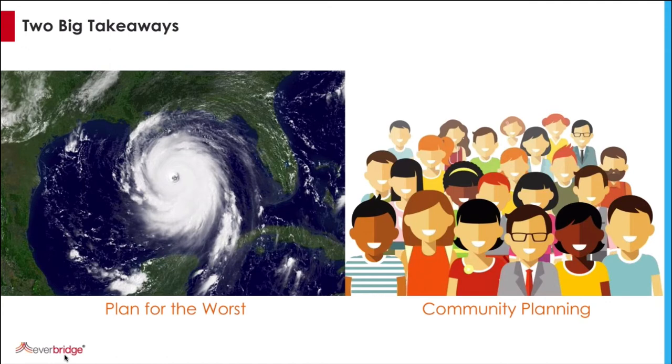Of the many takeaways of the interpretive guidance, there were two big takeaways. One, the continual message of plan for the worst case scenario. It's difficult for one to have a crystal ball and to say that the next disaster implementing plans within my facility will be X. However, what keeps you up at night?